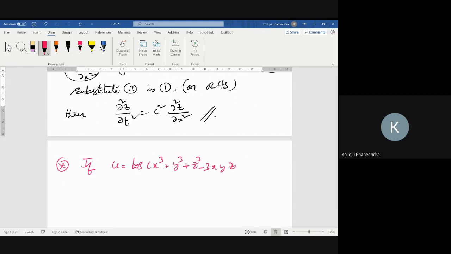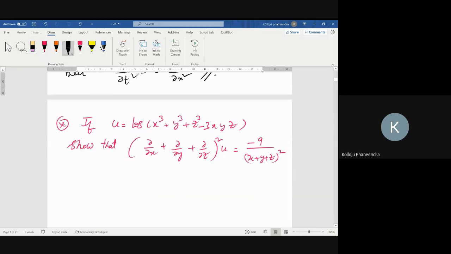Show that dou by dou x plus dou by dou y plus dou by dou z whole square of u equal to minus 9 by x plus y plus z whole square.